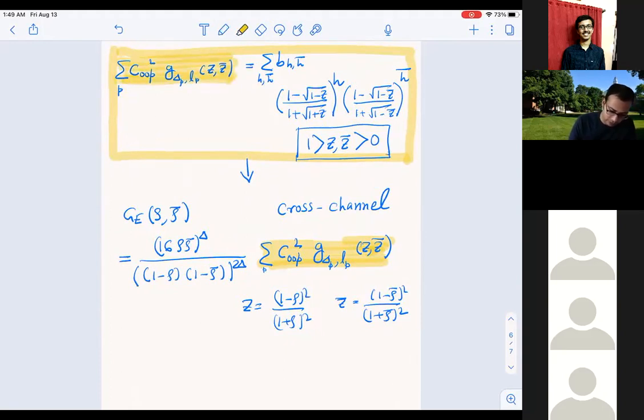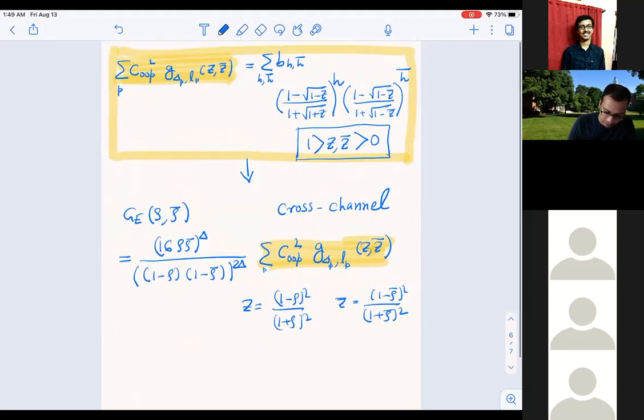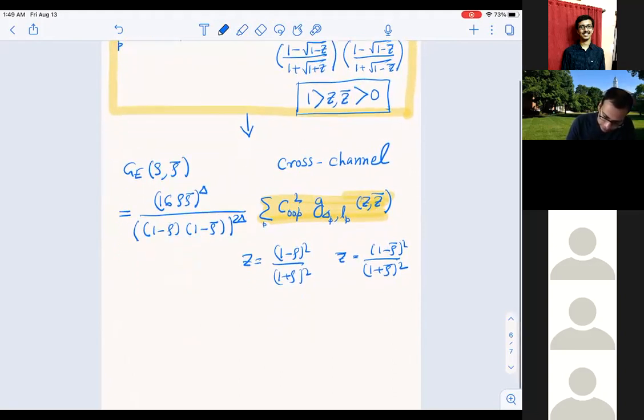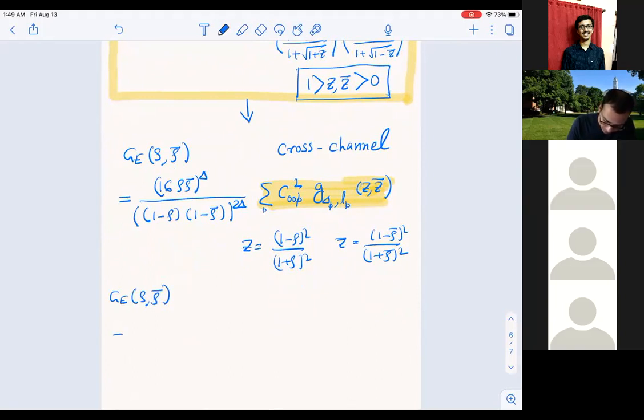So we can just use this sum in terms of h, h bar. So if I do that, I find the following result.